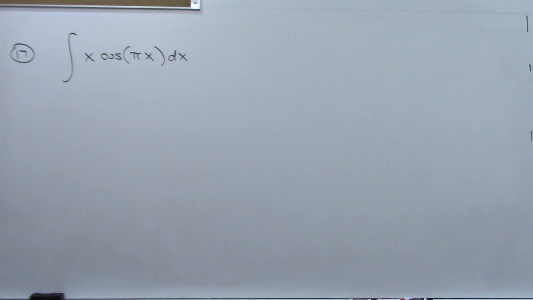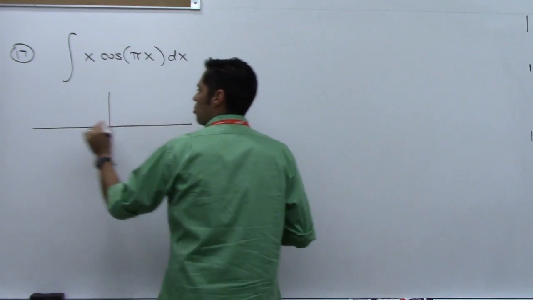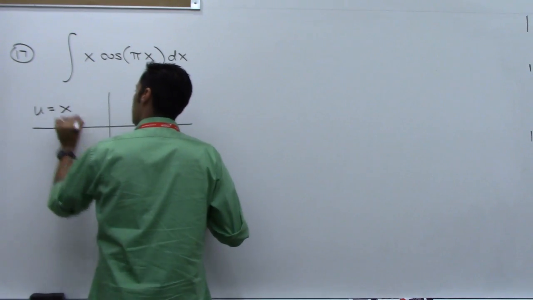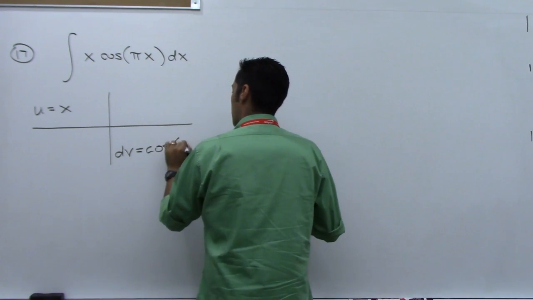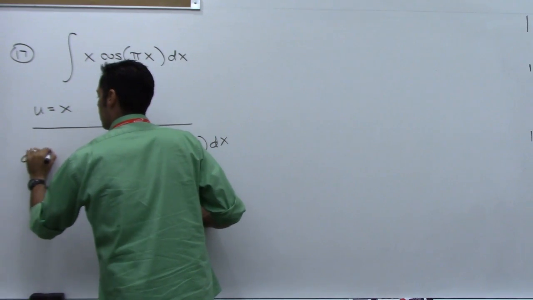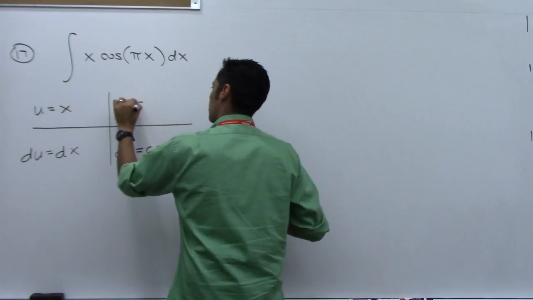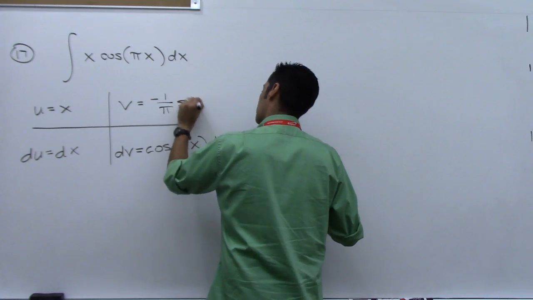So this one is actually kind of easier than the one we just did, because it's just a very basic one-time thing, one application of integration by parts, and we should be done. dv is cosine pi x dx. Derivative here is dx. Antiderivative here, negative 1 over pi sine. Oh, not negative.